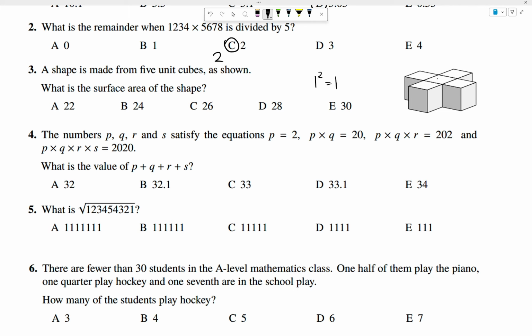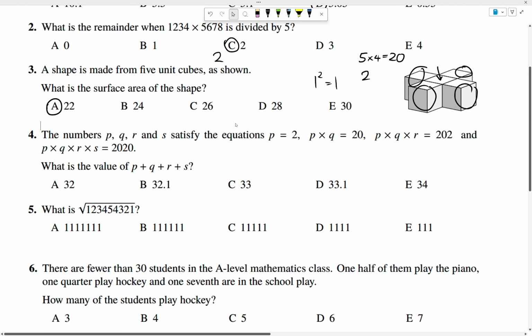For 4 of the cubes, this cube, this cube, this cube, and this cube, 5 of the faces are exposed. So 5 times 4 is 20. And then for the inner cube, only 2 of the faces are exposed. So 2, and that means that the answer is 22. So A.